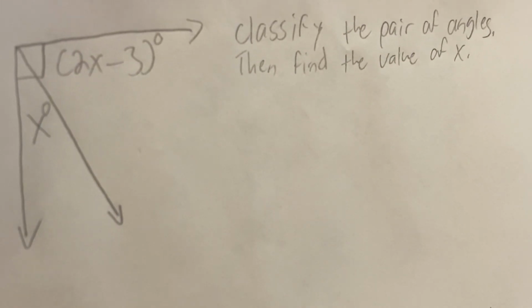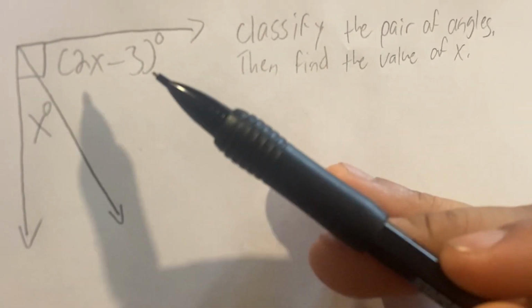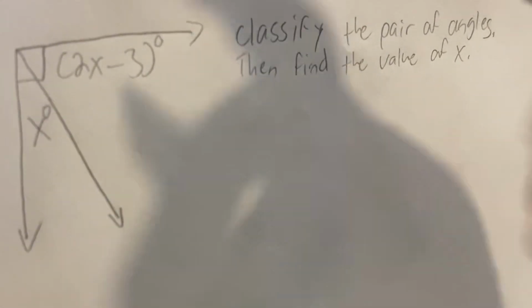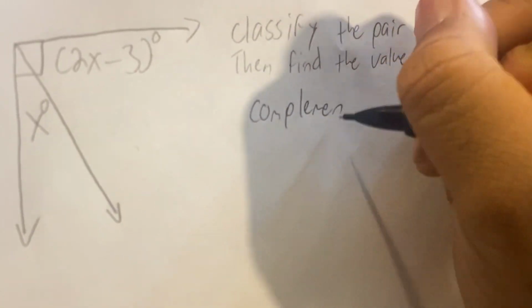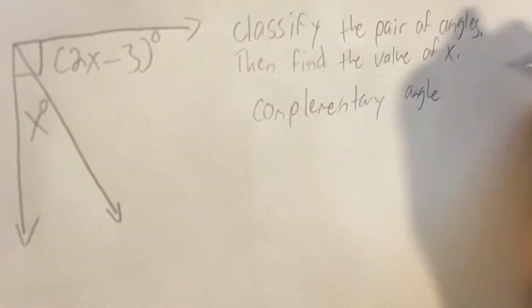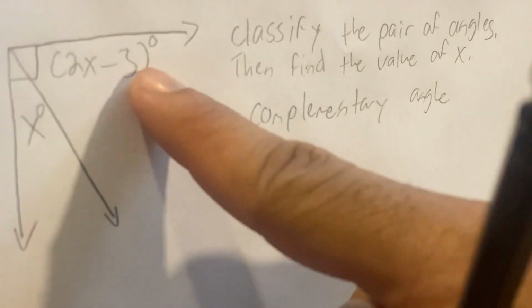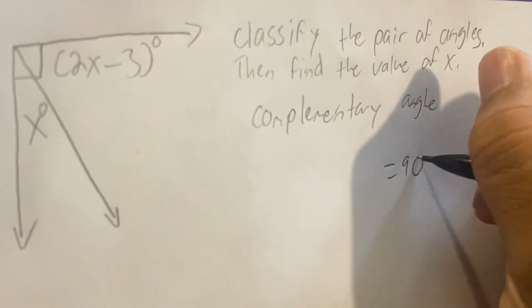It says to classify the pair of angles. These two angles are right next to each other, so they could be adjacent. However, I do see the little square here, so it's going to form a complementary angle. You can write complementary or adjacent, but I'm just going to put complementary angle here. Since these two angles are right next to each other and form a little square, it's going to equal 90 degrees.